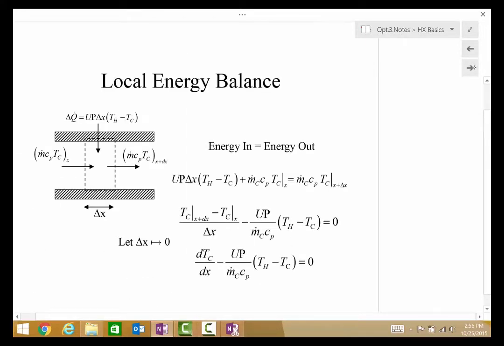The local energy balance sets up a differential equation that, upon integration, gives us the global energy balance. For the local energy balance, we're operating with a control volume that is delta X in length.